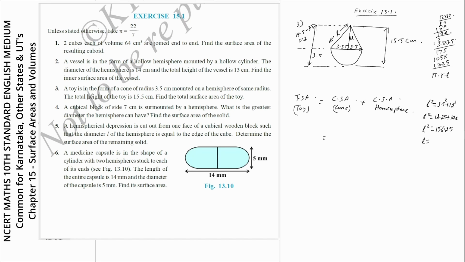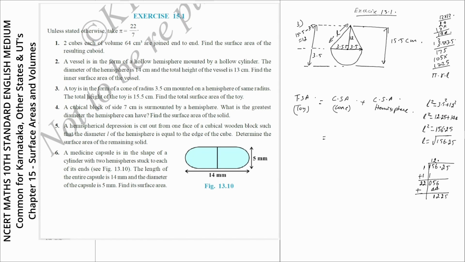Therefore L is equal to square root of 156.25. So I should find the square root. 1 1s are 1, so 1 minus 1 is 0, I will take 5 6. 1 plus 1 is 2, now 22 into 2 is 44. So 6 minus 4 is 2, 5 minus 4 is 1. Now 0.25 is there. If I take 25, I should keep the decimal point here.